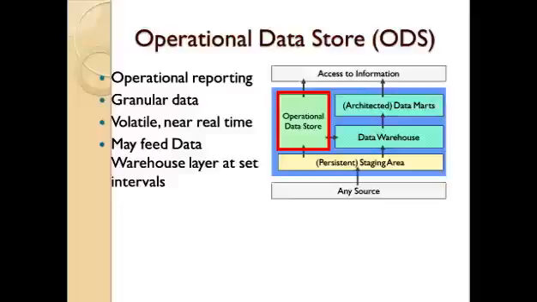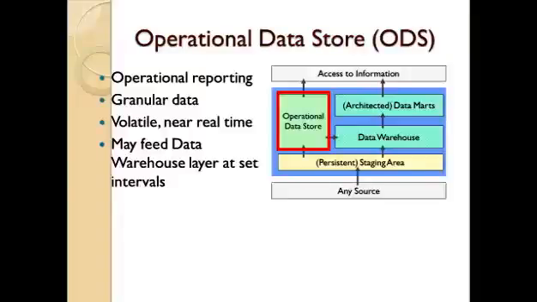So data is granular, which means it is very detailed. It's basically business transaction data copied from an OLTP system into a data warehouse for further reporting and integration into a data warehouse where necessary.